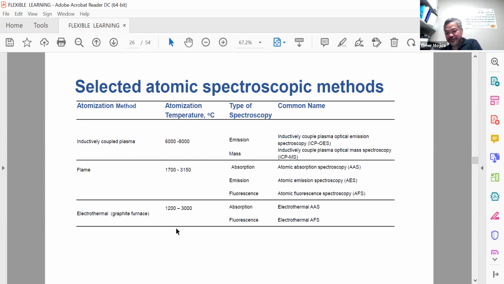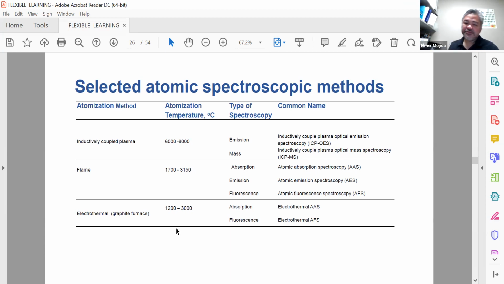Two to three times higher than the flame and the electrothermal or graphite furnace. And for the type of spectroscopy, with the ICP we only have emission and mass spectrometry. In the flame, you have absorption, emission, and fluorescence. In the electrothermal or graphite furnace, you have absorption and fluorescence.